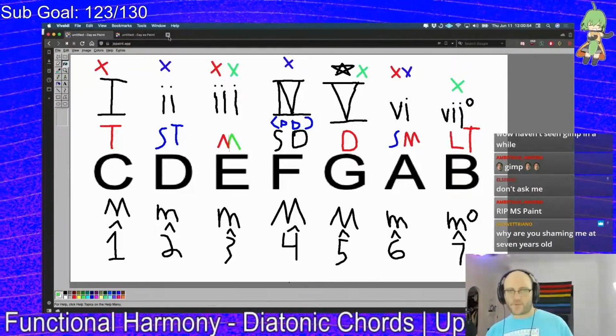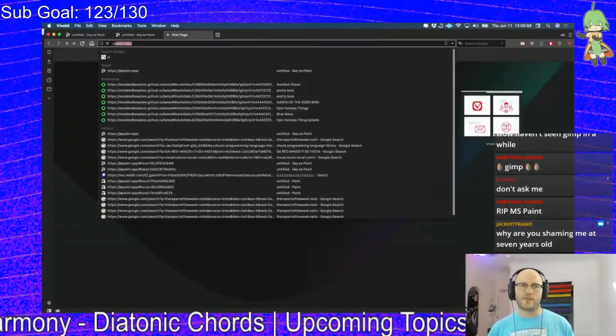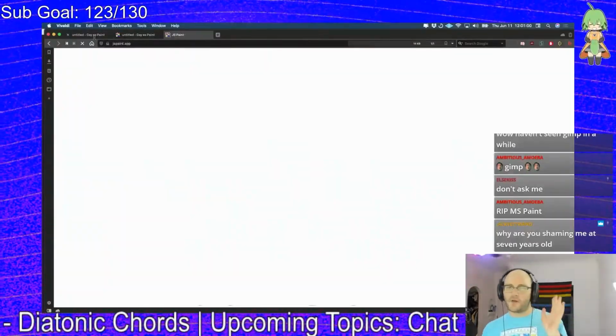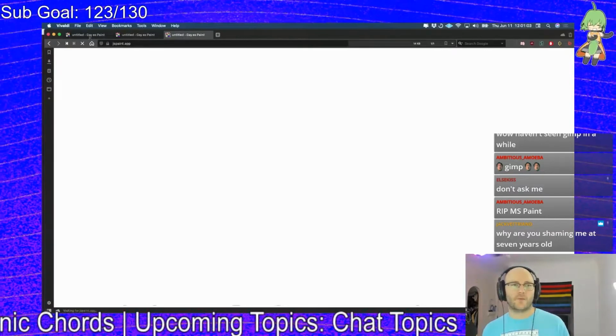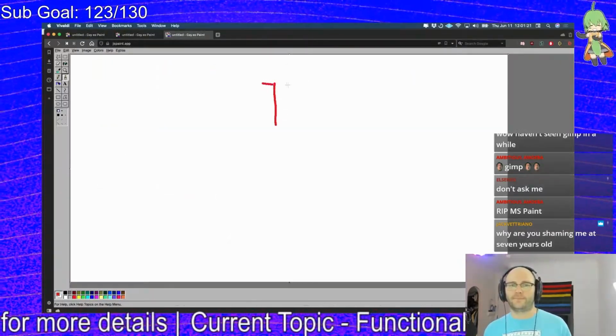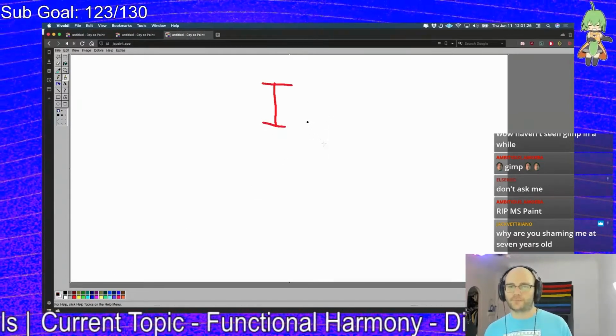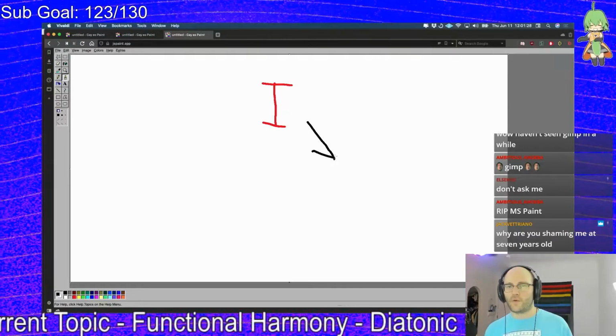The basic framework here, if I make one last instance of JS Paint just to make sure we're not over cluttering this one right here. Basically, it goes the 1 chord wants to go to the 4 chord.